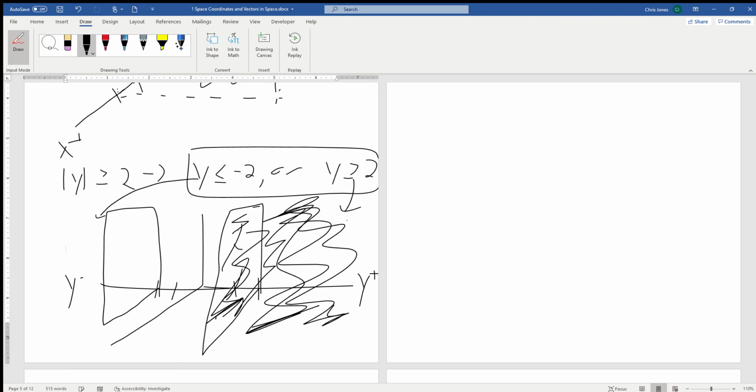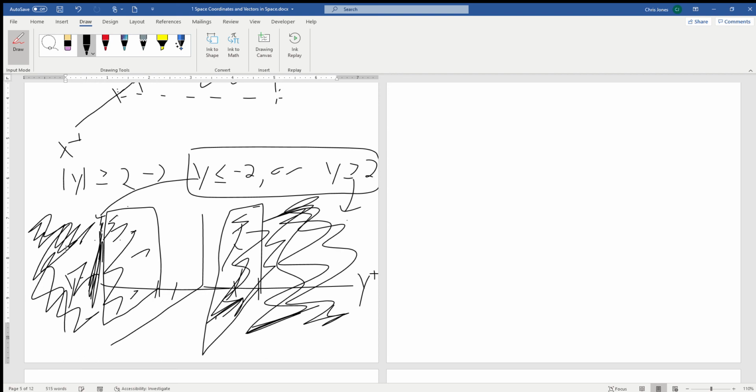And then everything to the left of the other plane, or on the plane, okay, so I'm going to shade on the plane and then everything to the left of it, okay, that's going to represent y less than or equal to -2. Okay, so basically we have a space in between those two planes, and again, those two planes run on indefinitely. So hopefully this is a good explanation of the rudiments of the 3D plane, and also how we're going to plot a few of the things on the plane.